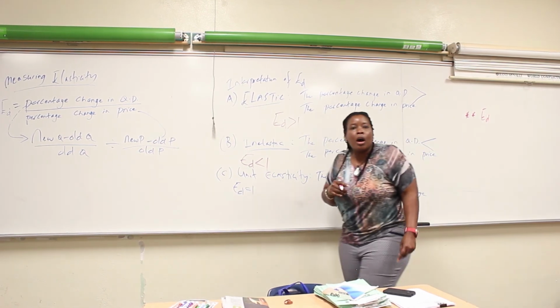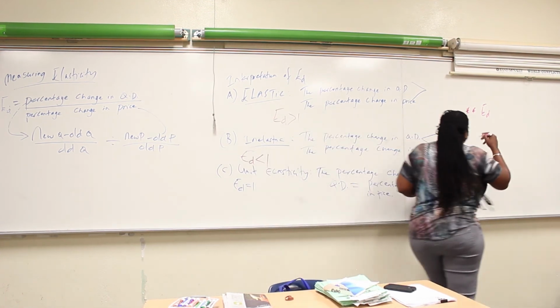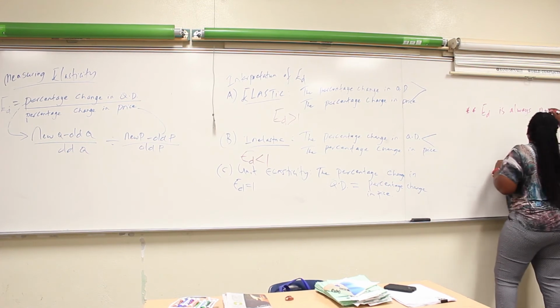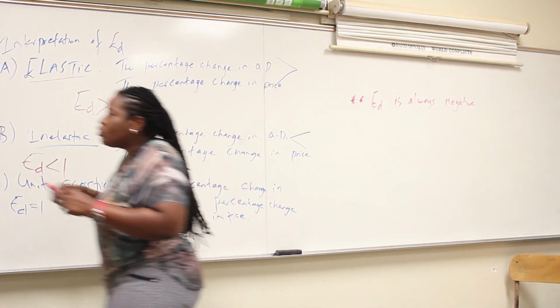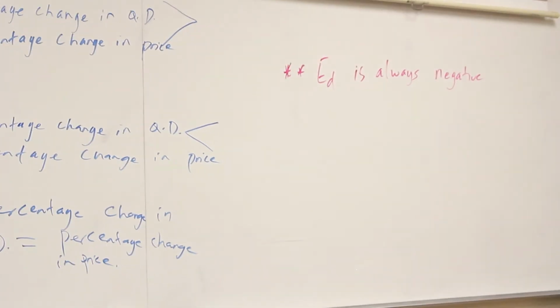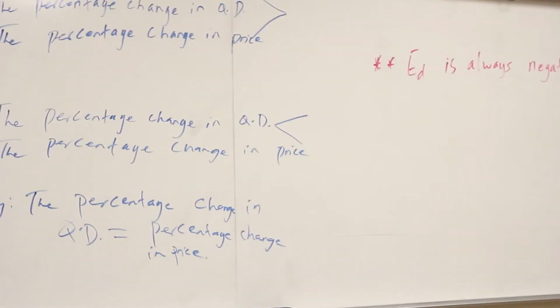Since those things will always be moving in opposite directions, what that means is E of D is always negative. The law of demand says these two things will always be moving in the opposite direction. When you calculate that whole thing, it will always have a negative sign.